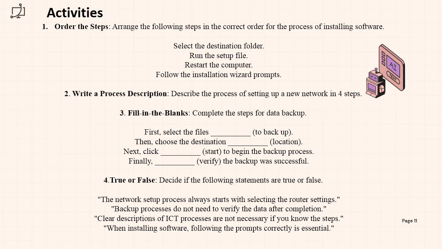Here you have to produce your own description of setting up a network, okay? In the third activity, you have to fill in the blank, okay? And in the fourth and last activity, there are 4 sentences or 4 descriptions. You have to say whether they are true or false.